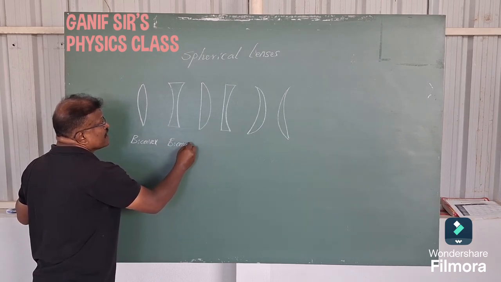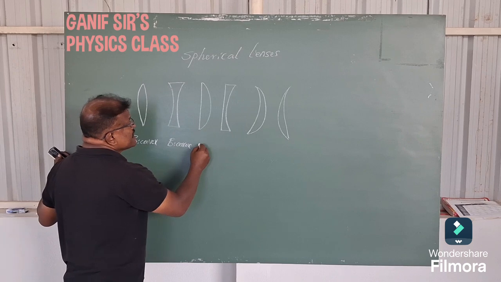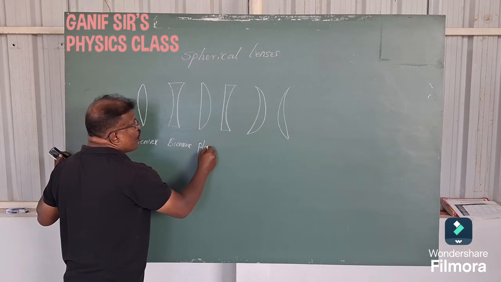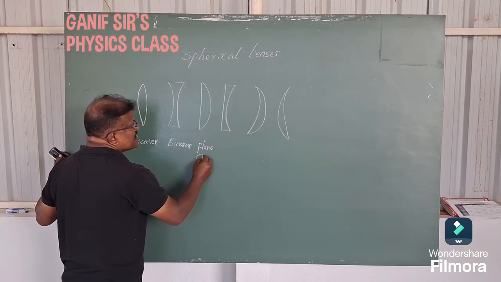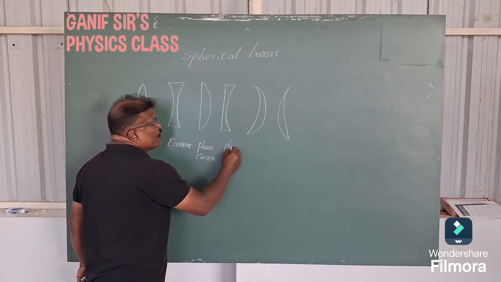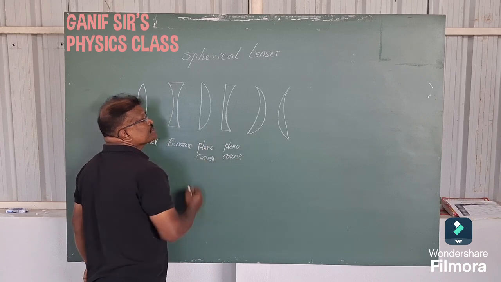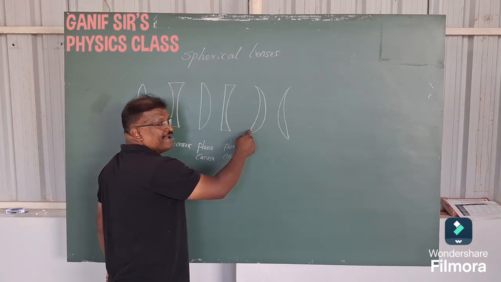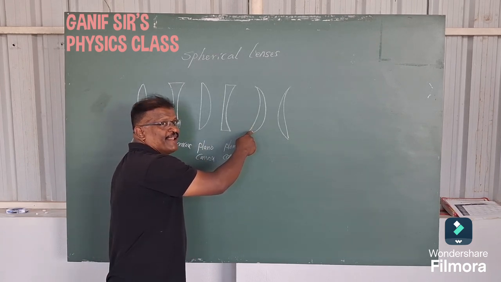I call this lens a biconvex lens, and I call this a biconcave lens, and this a plano-convex lens, and this a plano-concave lens. And then how can I call this?